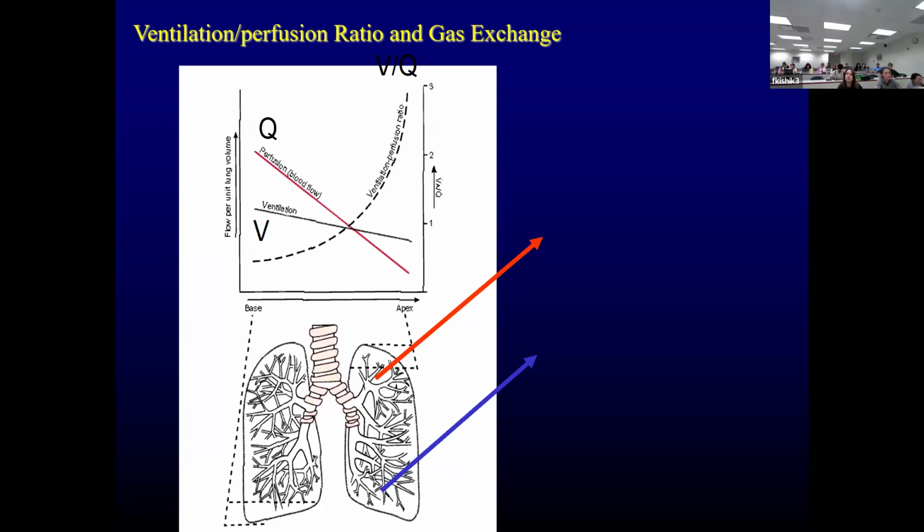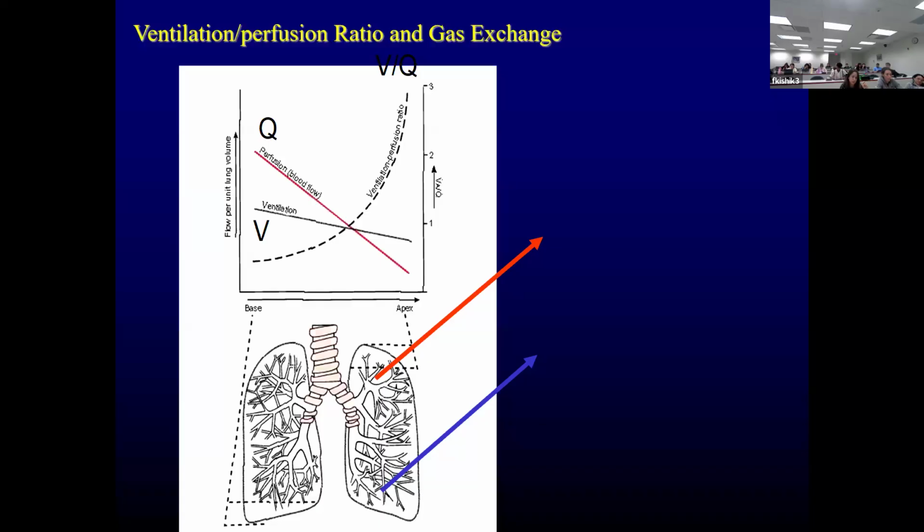Each alveolus has its own blood vessel along with it, and the ventilation perfusion ratio remains the same. If you take the entire lung, the ventilation perfusion ratio should be 0.8.